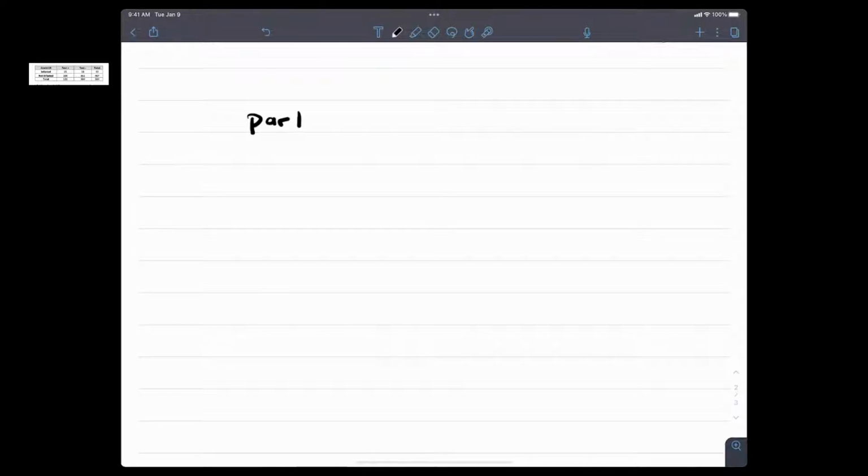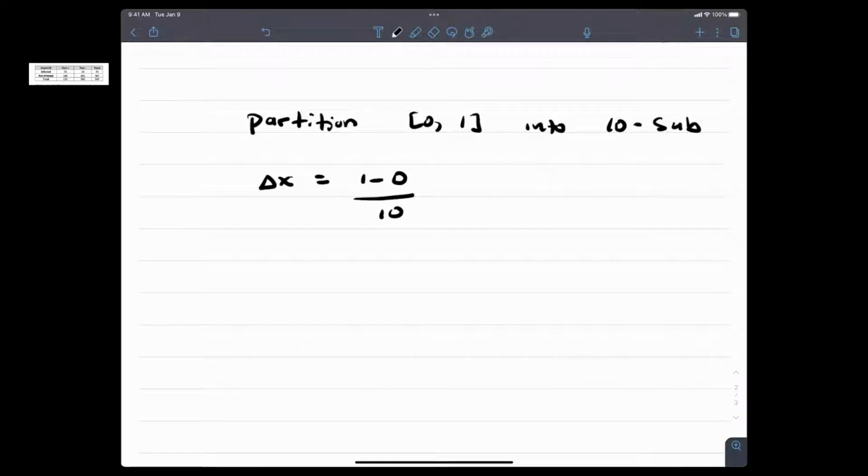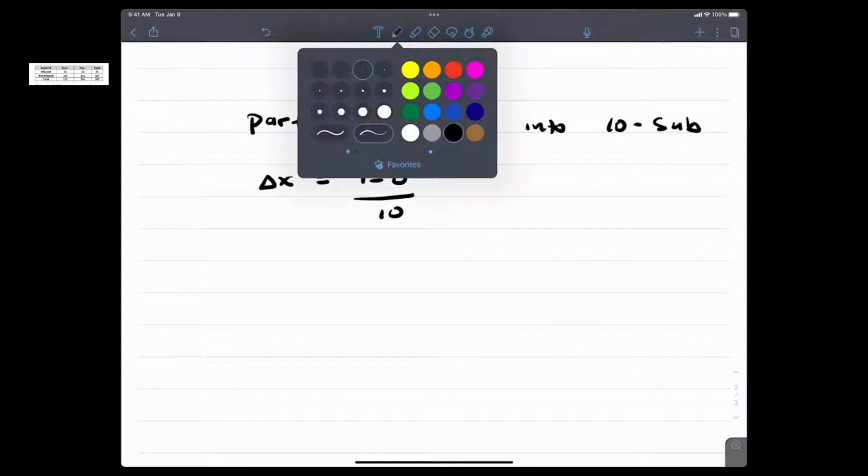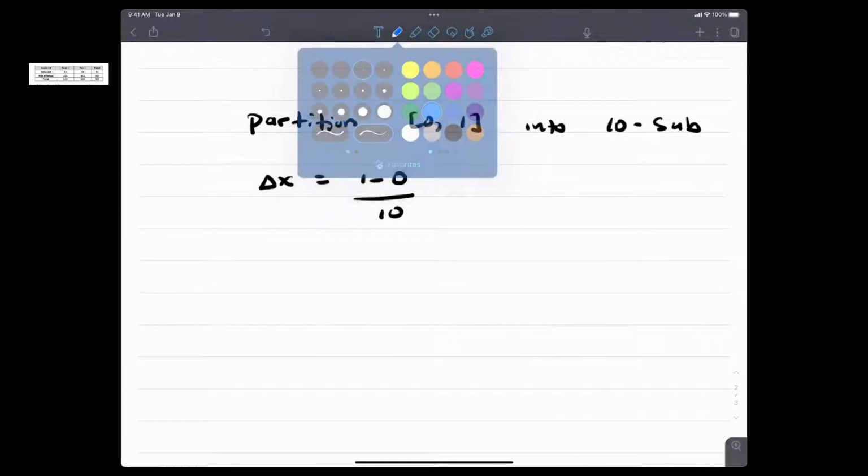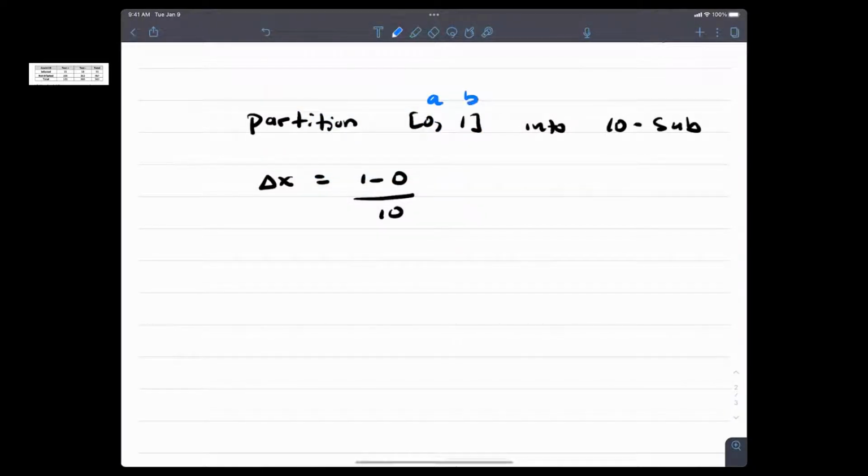So when they say to you to partition the interval 0, 1 into n is 10 subintervals, delta x is 1 minus 0 over 10. You say, why is that 1 minus 0? Do you guys know? In this a and b, and n is 10, so you're going to use this formula, b minus a over 10.